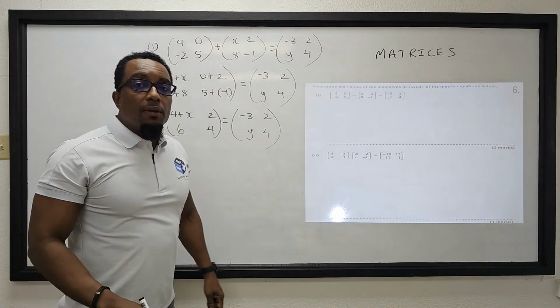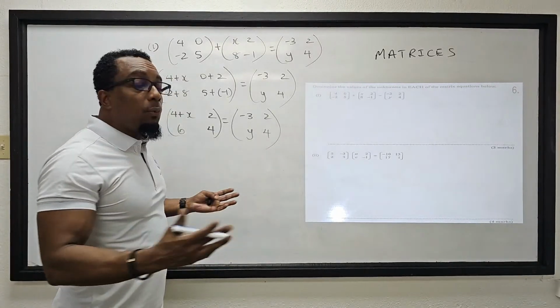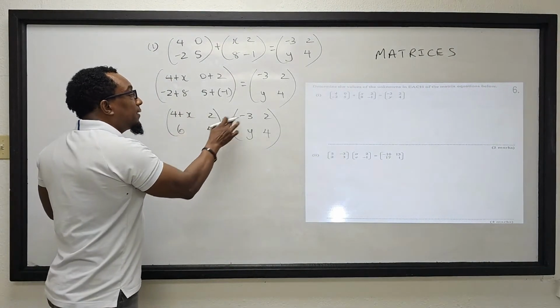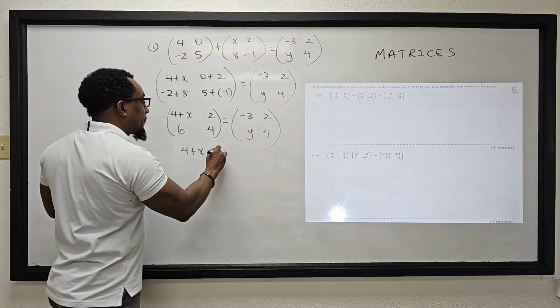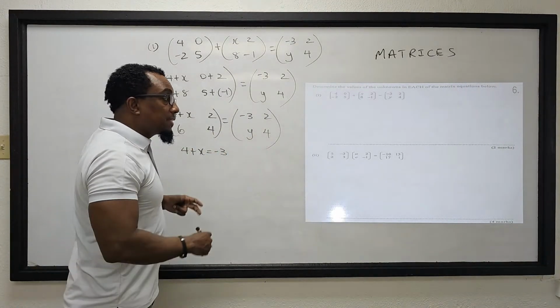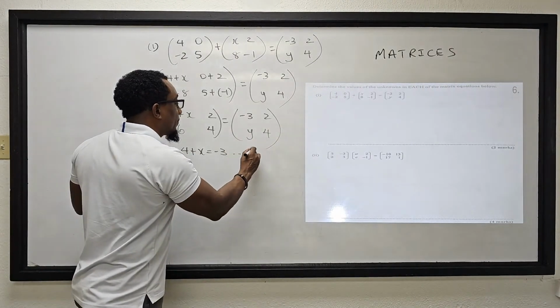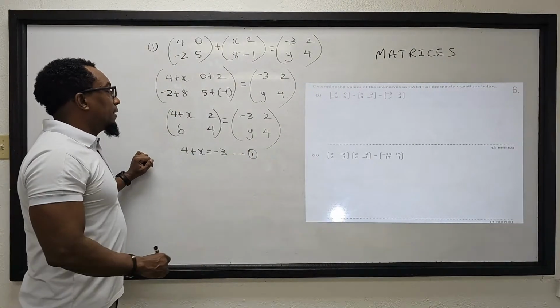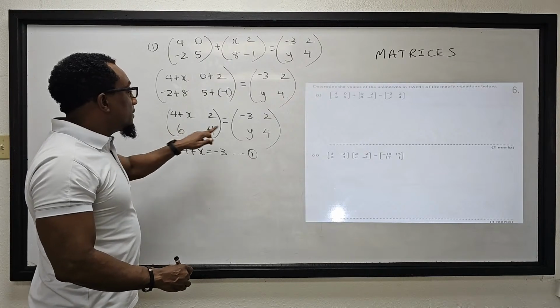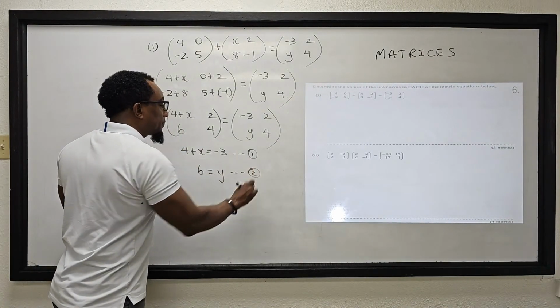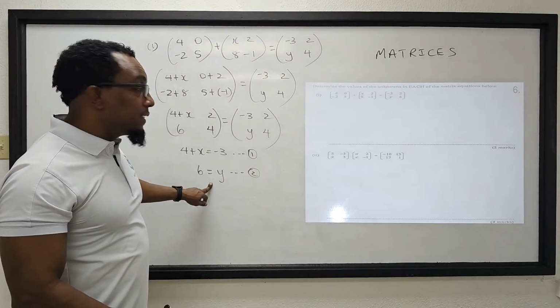Now, to solve for the unknowns, all we're going to do is equate. First element is equal to first element. So that's one equation, because if you have to solve for an unknown, you have to create an equation, right? So that's equation 1. And we can say third is equal to third, so 6 is equal to y. So we've already found y is 6.